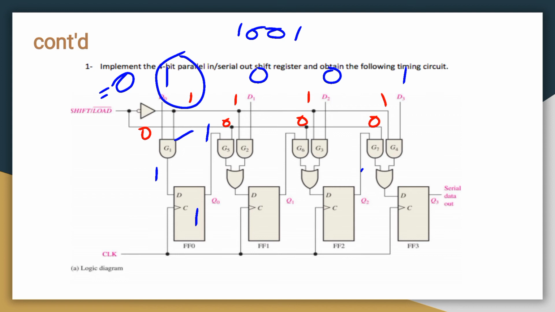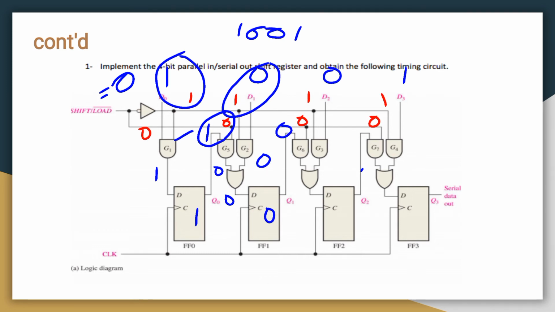For G5, the input is 1, 0, so output is 0. For G2, the input is 1, 0, so the output is 0. The output of the OR is 0, so the flip-flop is 0. Then the output of that flip-flop is 0.